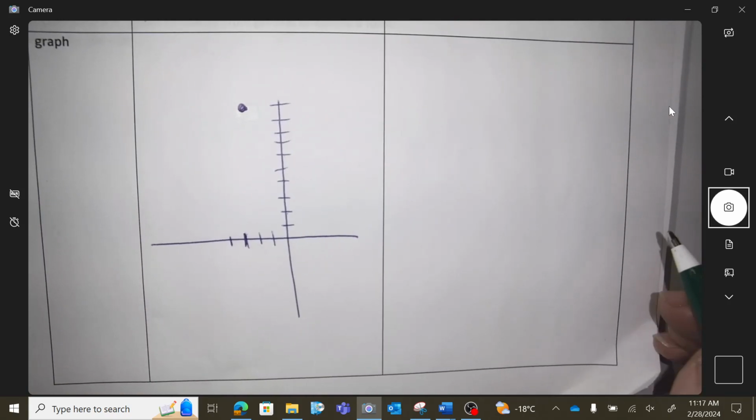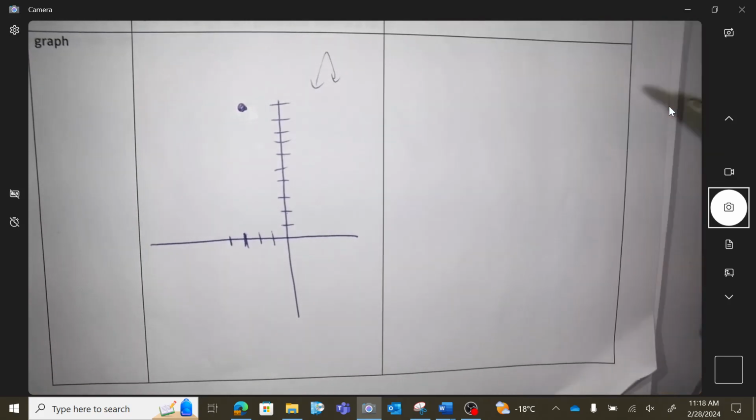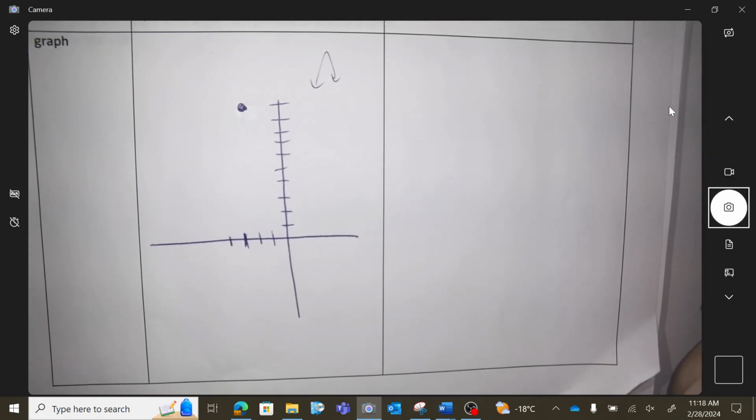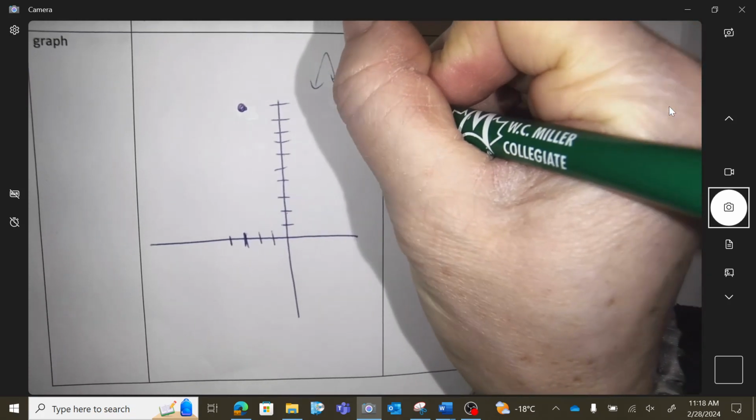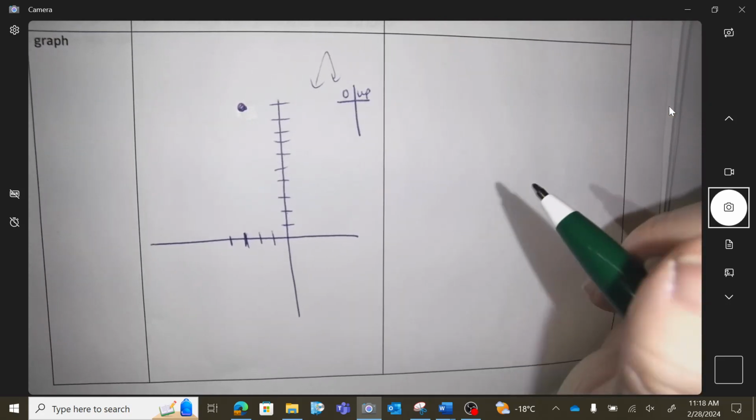Don't worry, on the test I put grids there so that you can be a little bit better. So we obviously know that it's going to head down like that, but how do we know the movements? What do we do for specific movements? We can do a little over-up pattern.